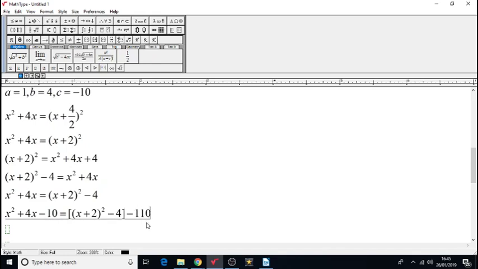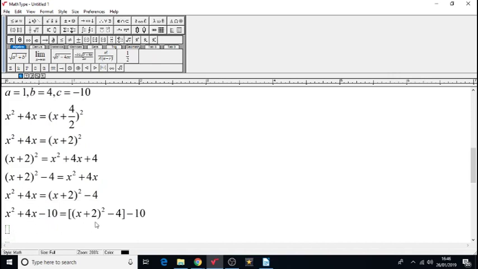Do you see what I've done? Because x squared plus 4x is equal to, open bracket, x plus 2 close bracket squared minus 4. When it's x squared plus 4x minus 10, because you have minus 10 on the left hand side, you put minus 10 on the right hand side.